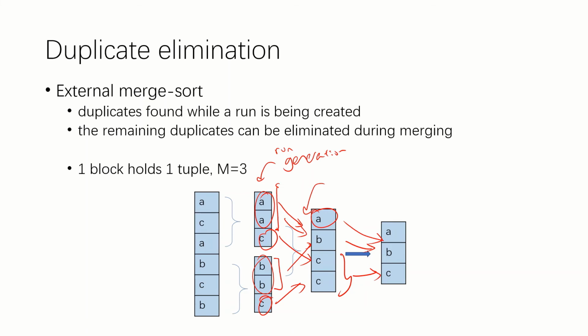You only remove duplicates when you are going down in the merging process, and you are only removing duplicates within your own so-called array, in a sense.